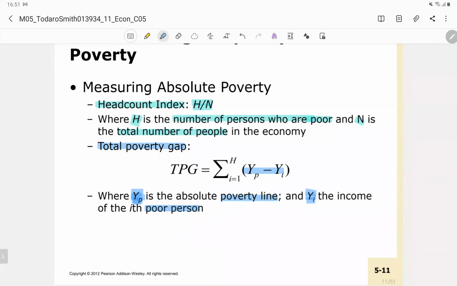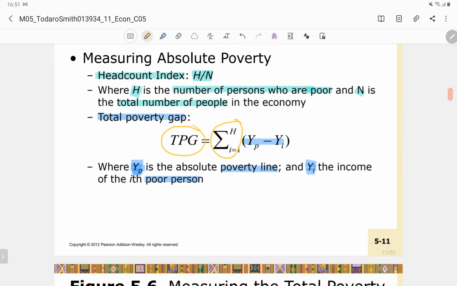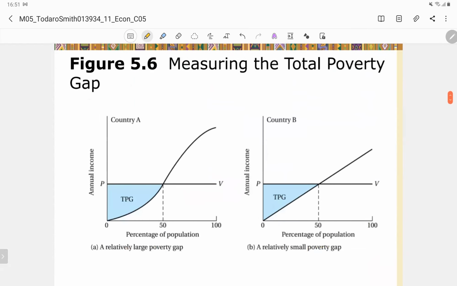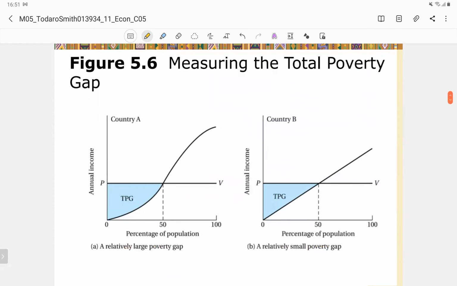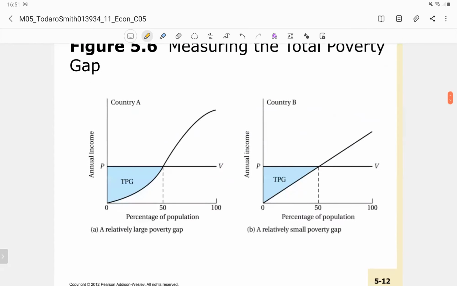Okay, so basically this is the number of poor persons, and this is the poverty line subtracted by the poor people's income. That's the poverty gap. And this is measuring the total poverty gap.